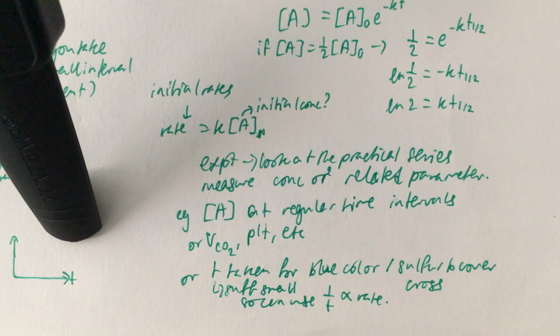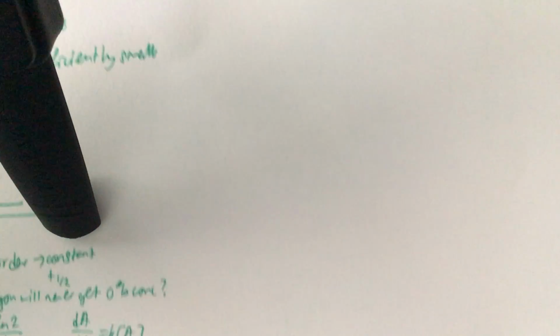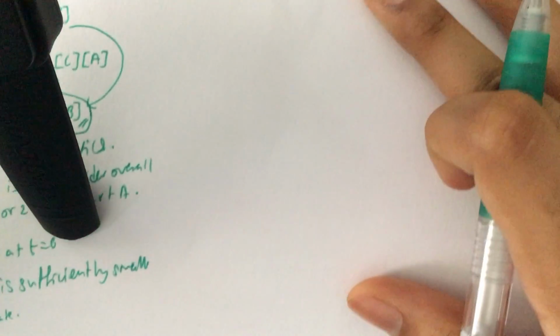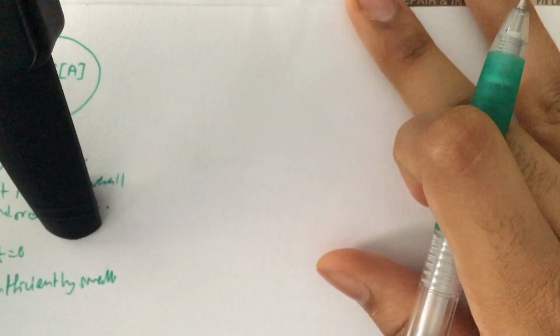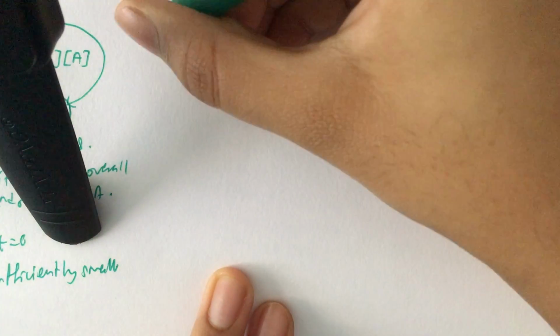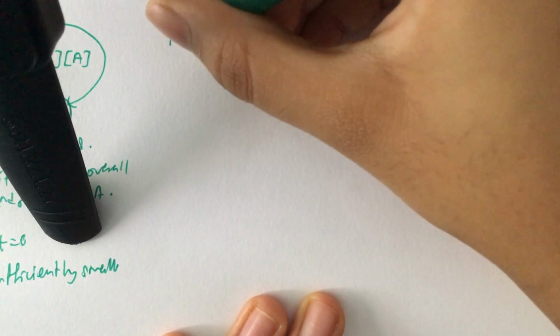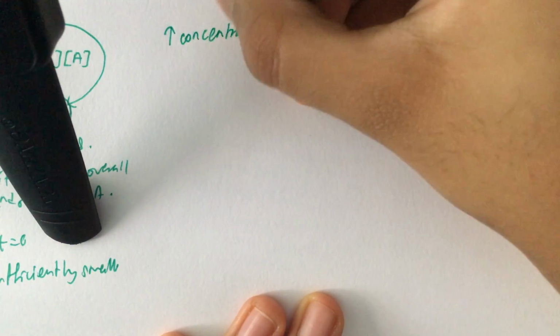Explain qualitatively in terms of frequency of collisions the effect of concentration changes on the rate of a reaction. This is a bit like kinetic particle theory. When you increase the concentration in the solution, the molecules can collide more frequently.